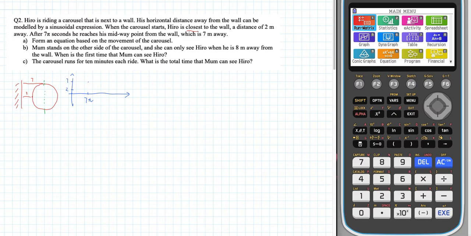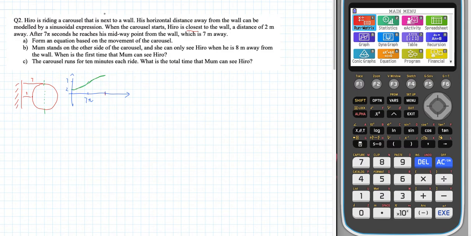Hence you start from quite low down, that's the minimum point, and you go up. And we understand if the carousel is spinning around at the same speed, after another 7 pi seconds it will reach the maximum, which is around here somewhere.